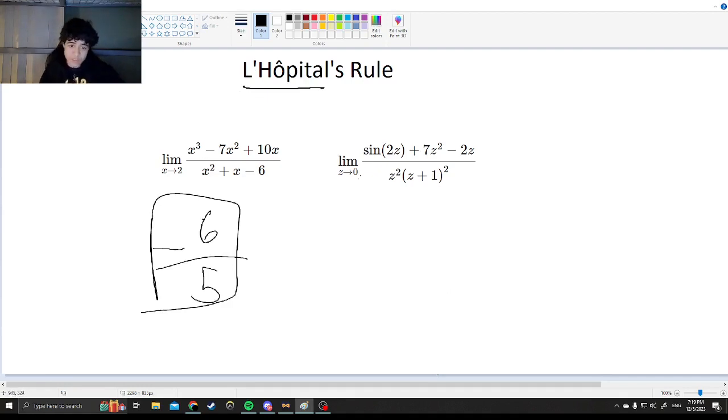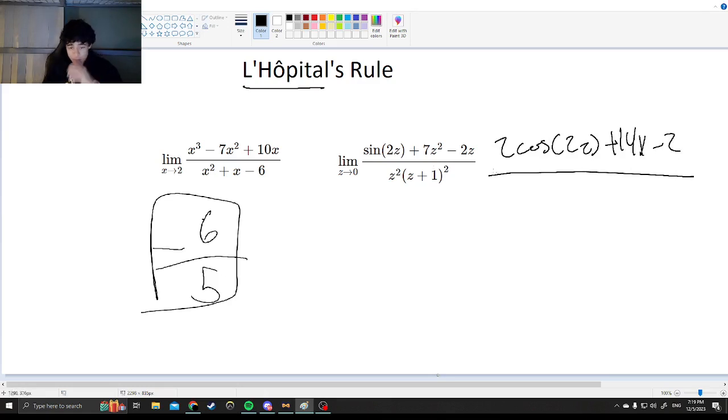So the second one on the right here is a little bit harder. Obviously we plug in 0, we'll get 0 plus 0 minus 0 over 0 times this 1, which is 0, so we end up with 0 over 0. So when you derive this, deriving the top isn't that hard, it's chain rule, so you get 2 cosine 2z plus 14z minus 2 over, and if we simplify the bottom out here, we could derive it from here and use product rule.